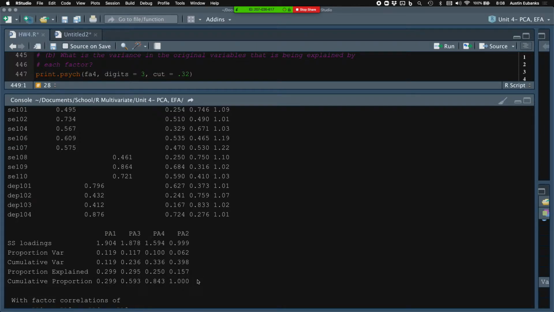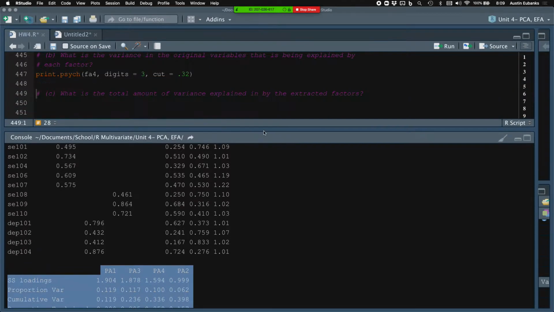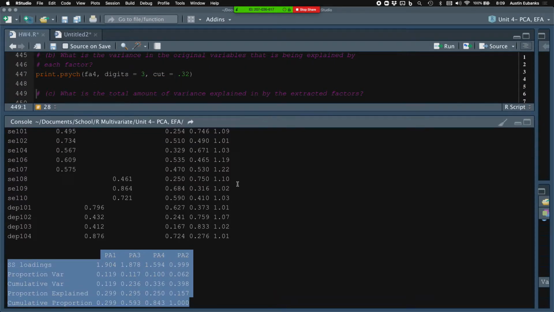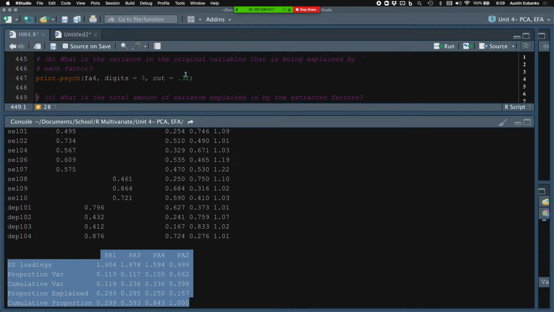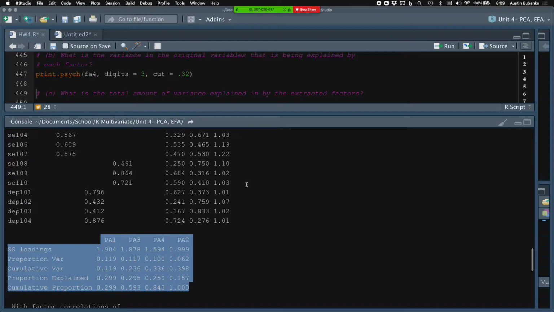All right, if we're looking at the explained variance by each factor, we're going to come back to this table that we've looked at before. Anna, do you want to take us through B and C here?